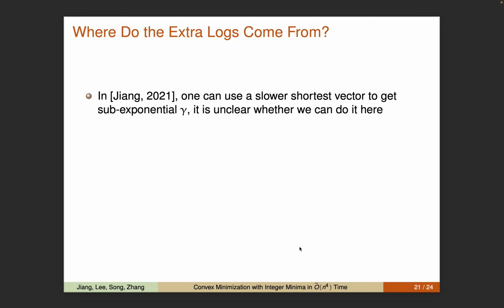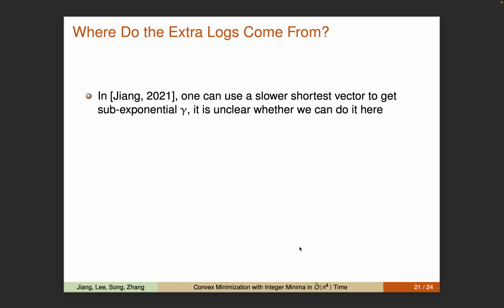There are several reasons why, in terms of log factors, we are worse. For the first one, in Zhang's algorithm, because he does not care too much about the additional runtime, he uses a relatively slow algorithm to compute the approximate shortest vector, but it provides him a sub-exponential dependence on the approximation ratio gamma.